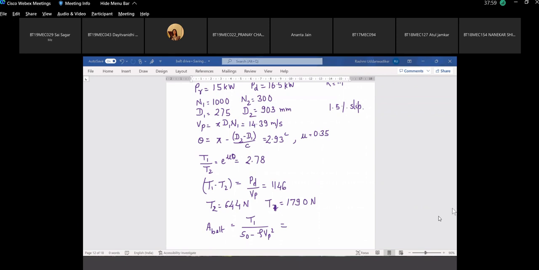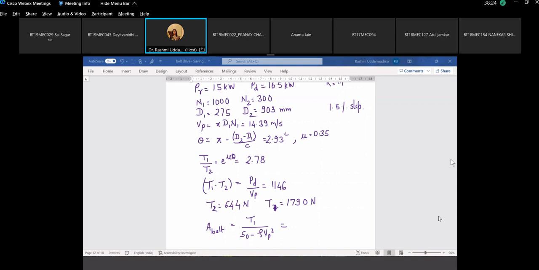I'm still not getting answers from Aman, Lokesh, Vinay, Sarvesh. Piyush. 636 is the area.